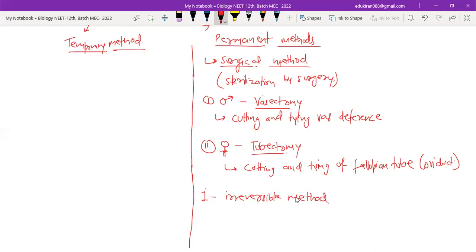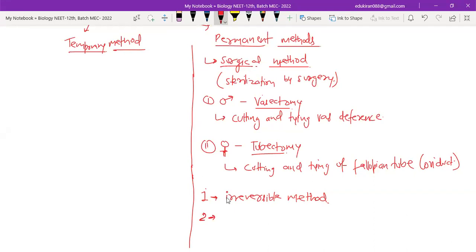But tell me, what effect will it have on the sexual drive of the male or the female? Will it affect the sexual drive? We discussed this also.